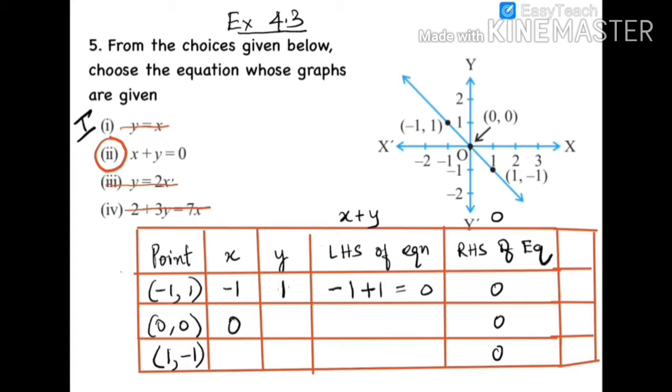X coordinate is 0, y coordinate is 0. Therefore, substituting in x plus y, we get 0 plus 0 equal to 0. For the third point, x coordinate is 1, y coordinate is minus 1. So the left hand side of the equation will be x plus y, which is 1 minus 1, which is equal to 0. So all these 3 points satisfy the equation.